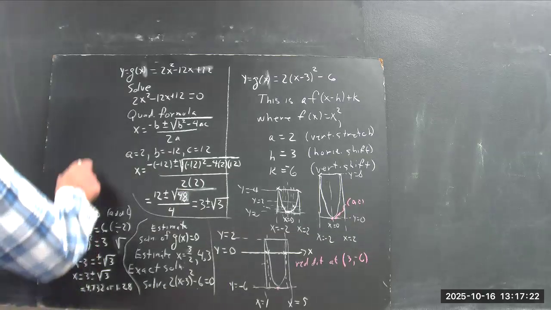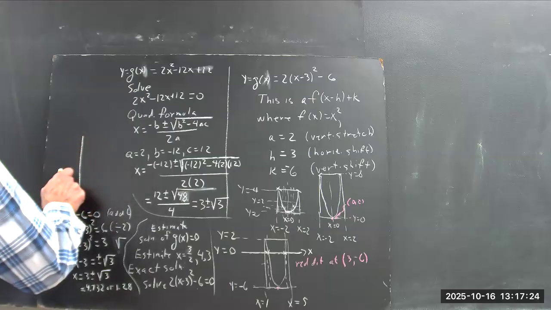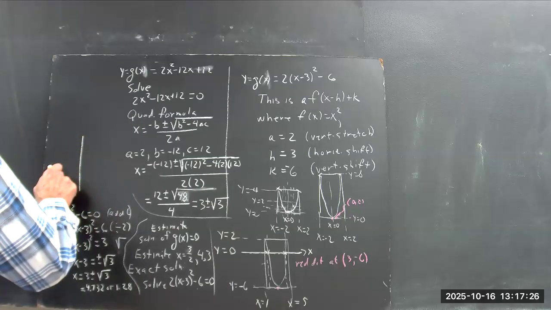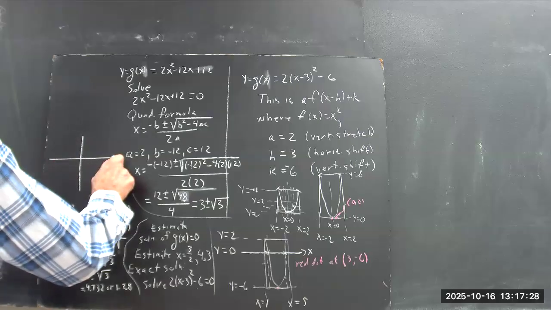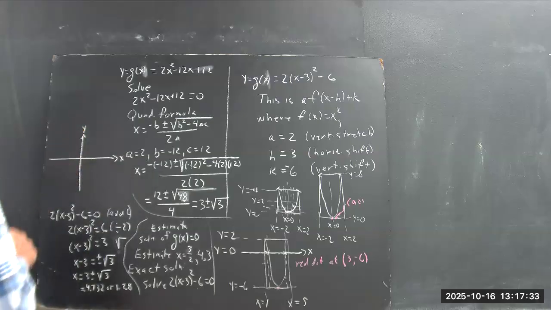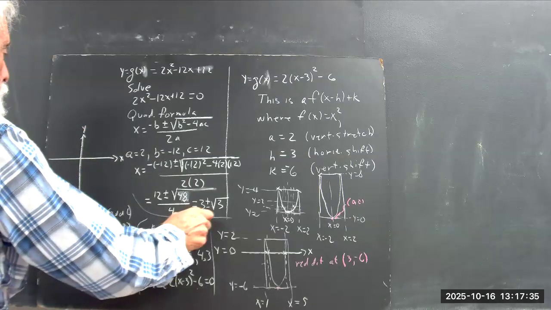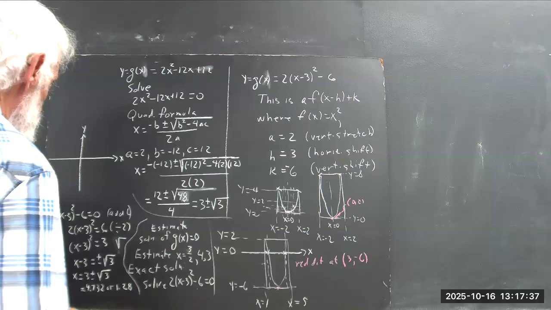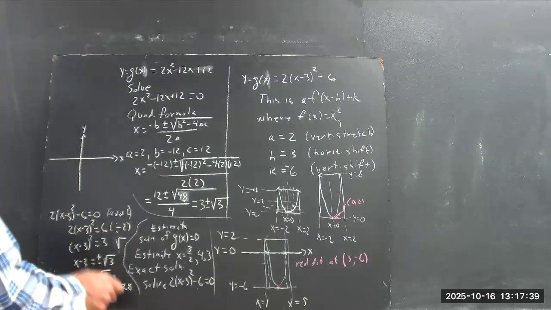Well, now we can start to draw the graph. Negative 3 minus the square root of 3 is like 1.3. It's 1.28.